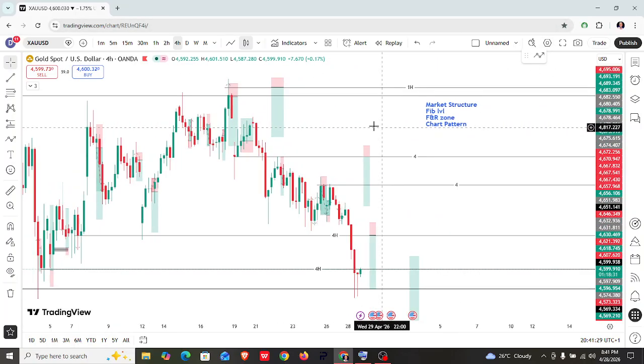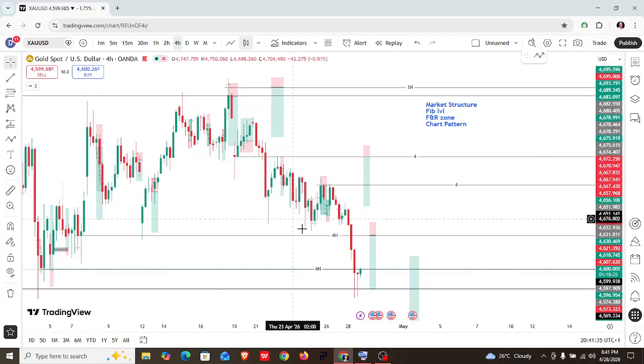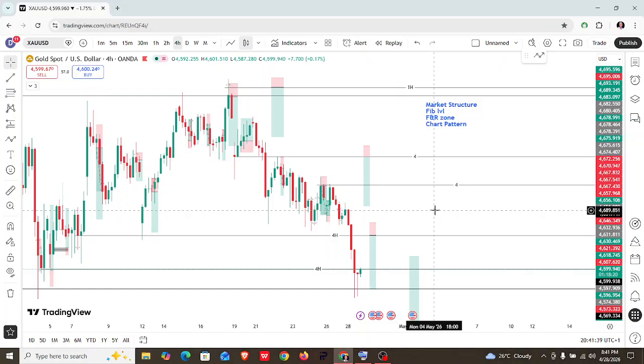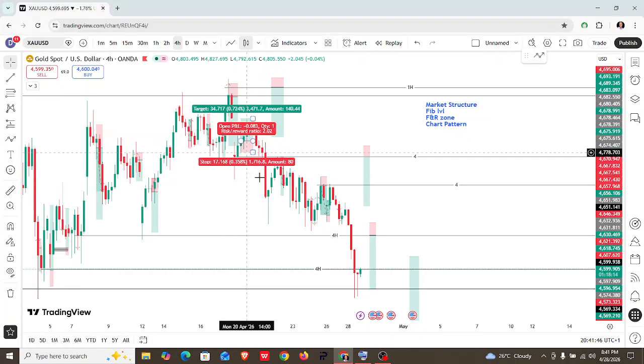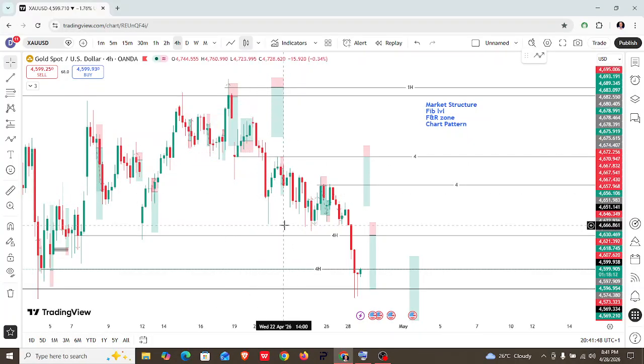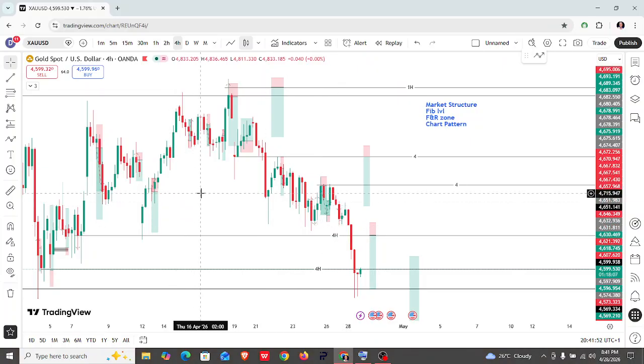Okay, according to what I'm actually expecting from price right now, this is a zone. Since price has been breaking lows, we are looking more at sells than buys, because this is the current trend, right? Price is breaking lows and not highs. So when price is breaking lows, we are expecting to sell.